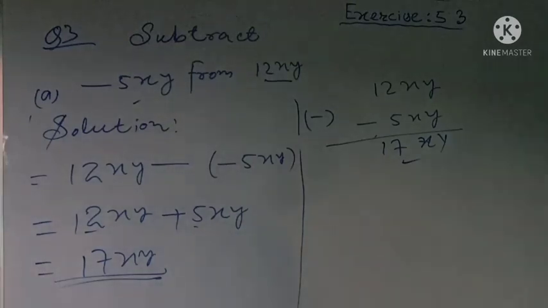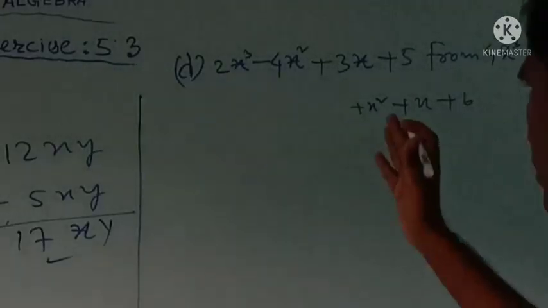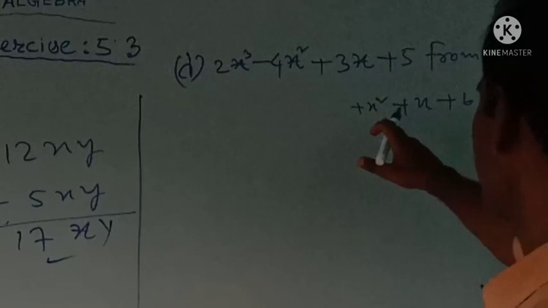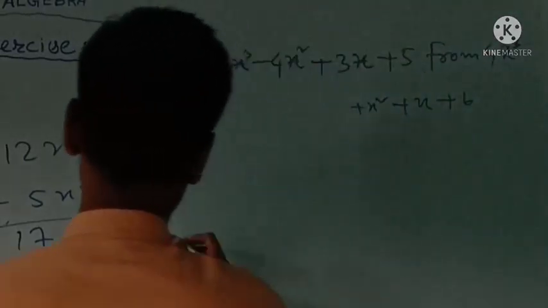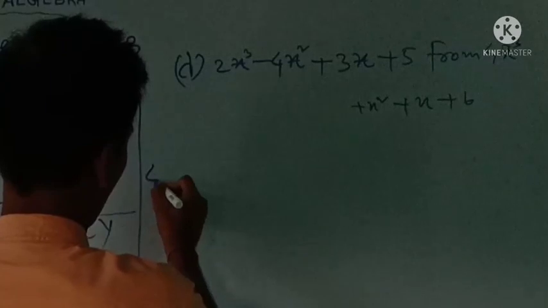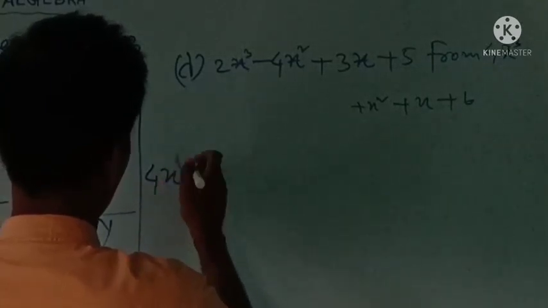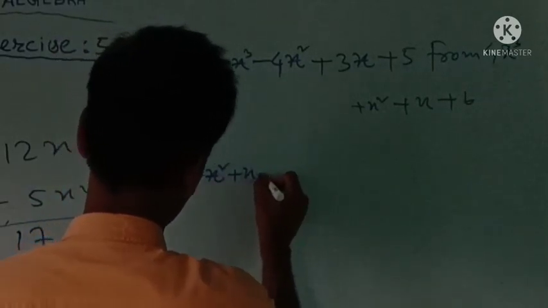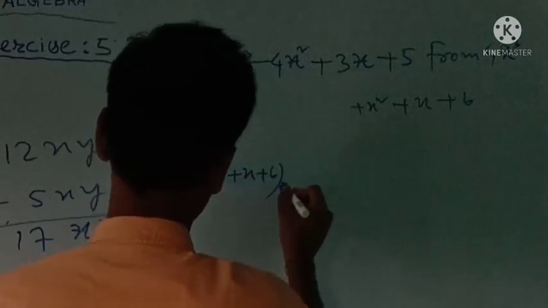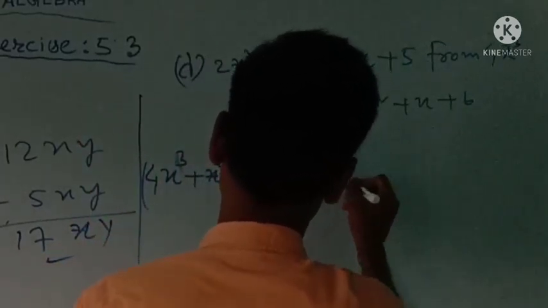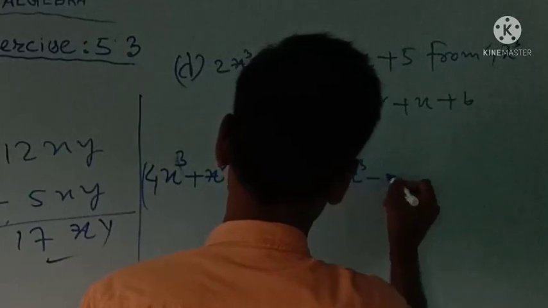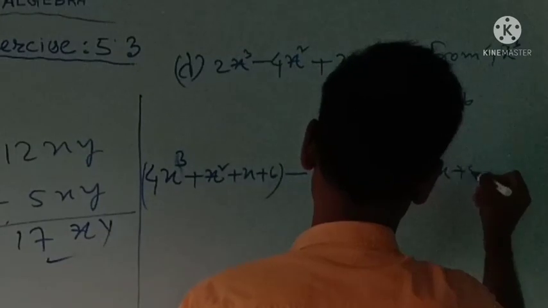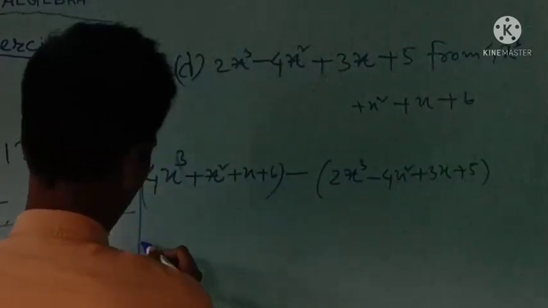We'll take one more question from here. Now let us solve sub-question D, that is twice x cubed minus 4x squared plus thrice x plus 5 from 4x cubed plus x squared plus x plus 6. You have to subtract twice x cubed minus 4x squared plus thrice x plus 5 from 4x cubed plus x squared plus x plus 6.